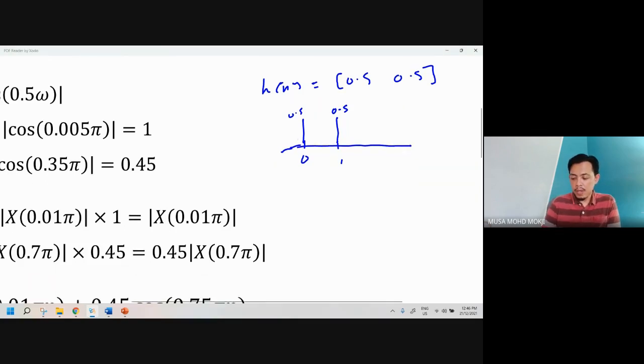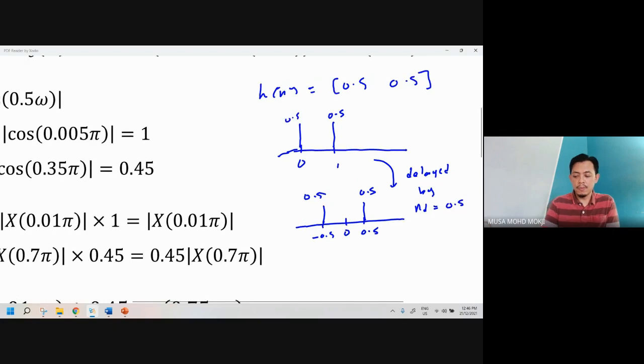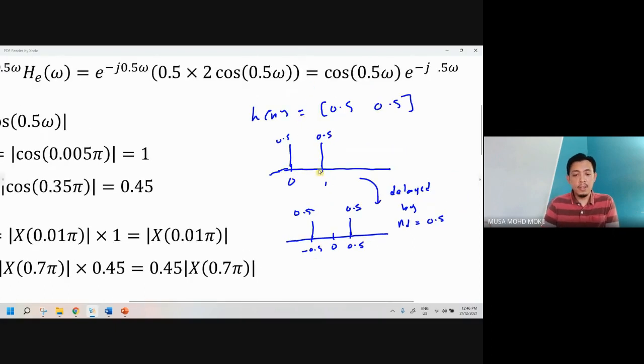If we have a 0 here, and we want to find the even signal of this, it's supposed to be something like this, where it is delayed by n_d equals 0.5. Then you will get this one.